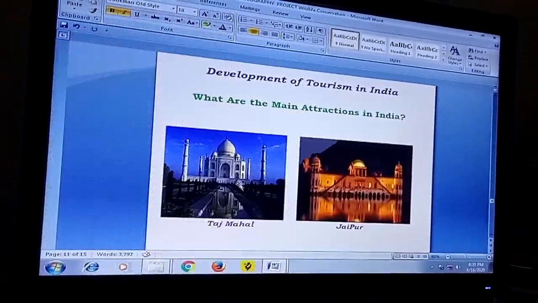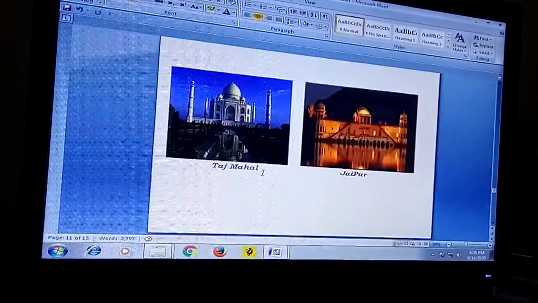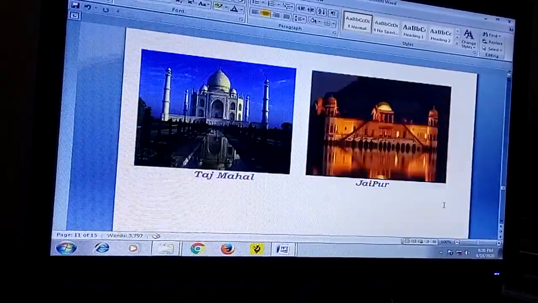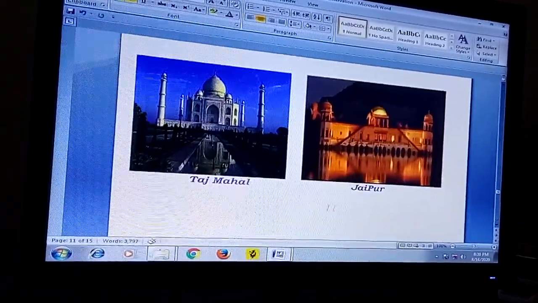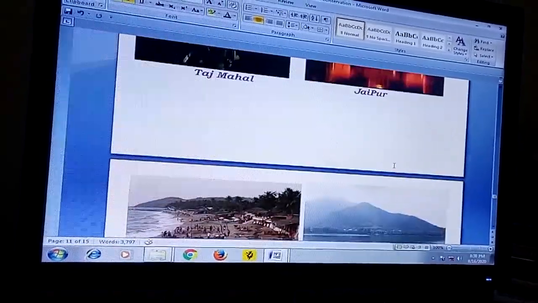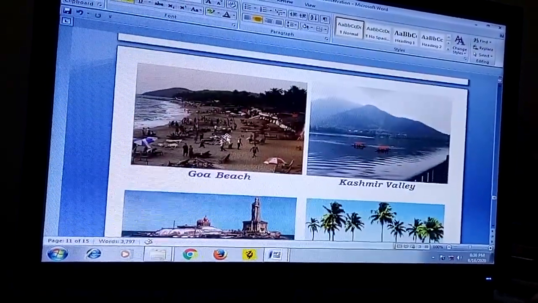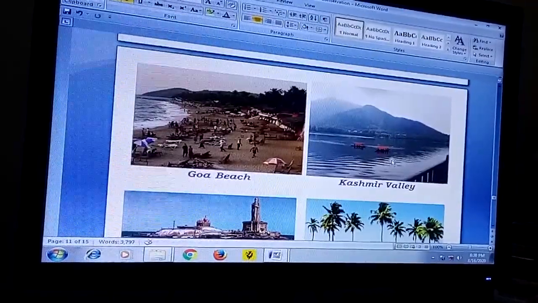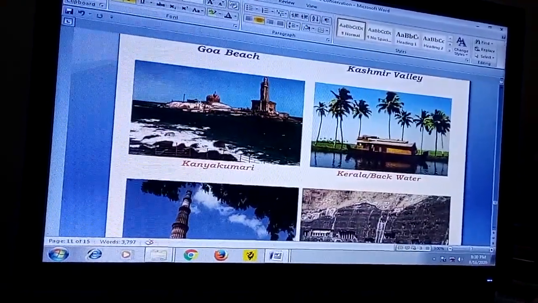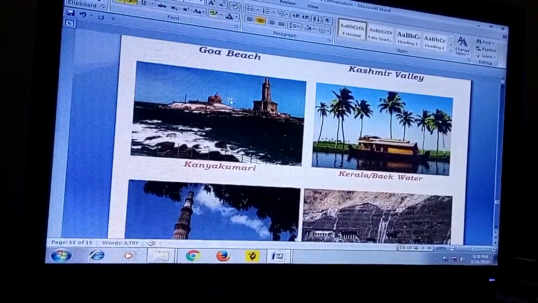Now, some of the areas, I have just picked up the spots like the Taj Mahal, Jaipur, the Pink City. This is the Goa beach. This is Kashmir Valley, Kanyakumari. This is called Vivekananda Rock, an island with the statue.